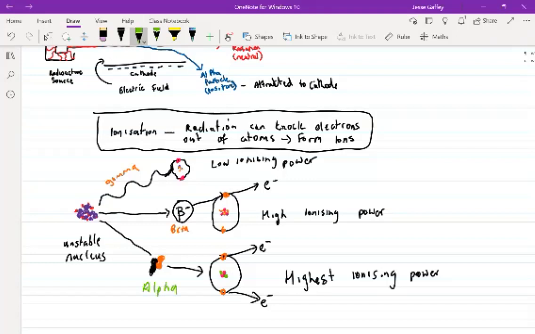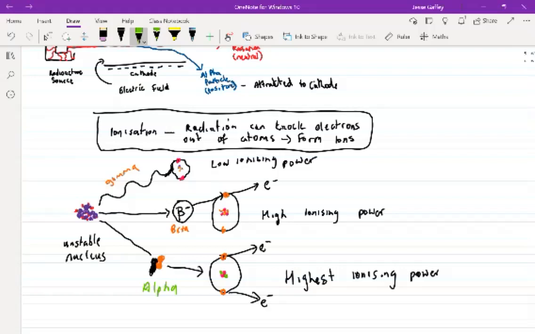radiation, such as these types of radiation from radioactivity, are generally considered unsafe. Other types of radiation are generally considered unsafe as well, such as the radiation that comes from the sun, which would definitely be considered dangerous. And the reason for this is because these types of radiation can knock electrons out of our molecules inside our body, particularly DNA.